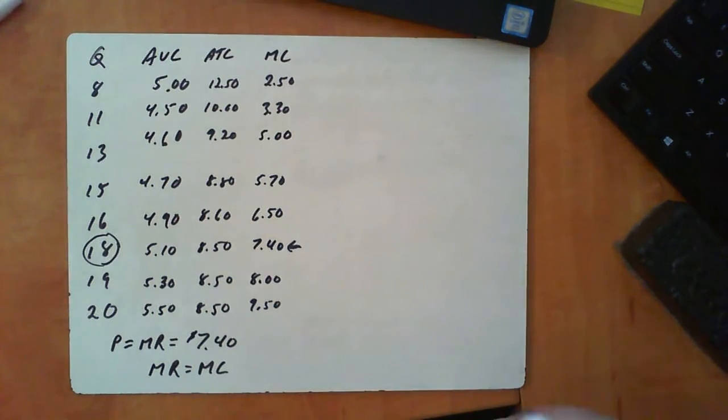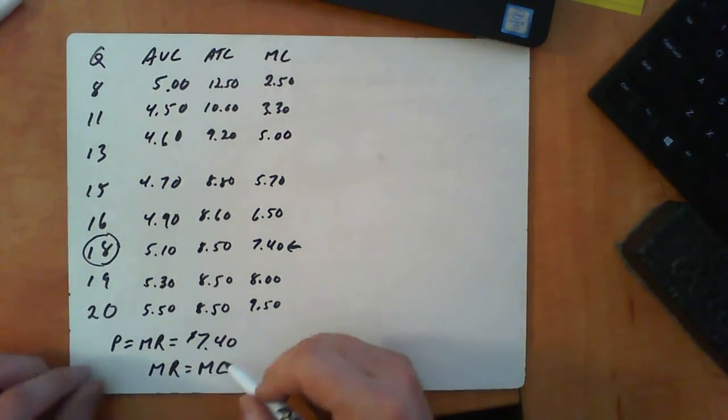So if Corny produces the profit maximizing quantity of corn in the short run, what would their economic profits or losses be? Well, if they're producing 18 dozen, we take the same approach as the previous one.